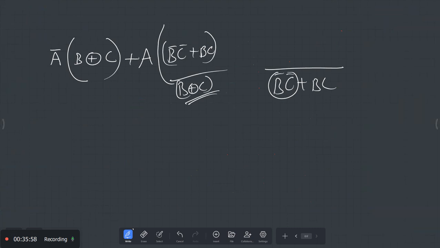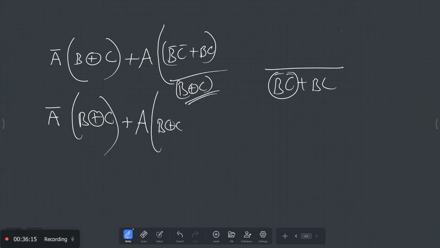Now you see here, listen carefully, you have A bar into B XOR C plus, see here, you have A into B XOR C whole bar. Can you tell me what this is now?